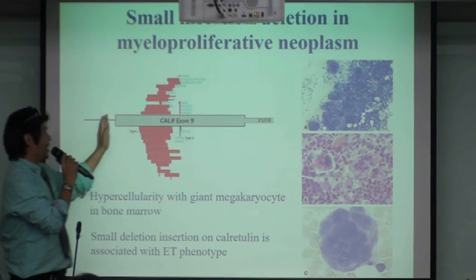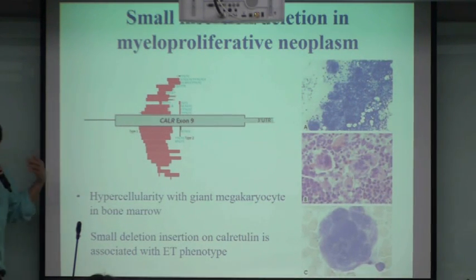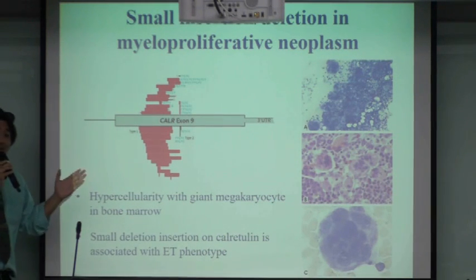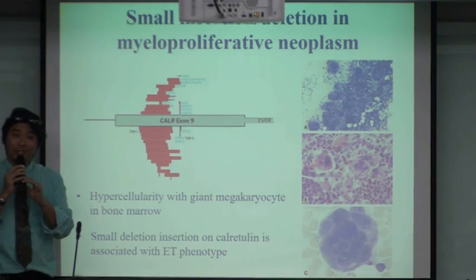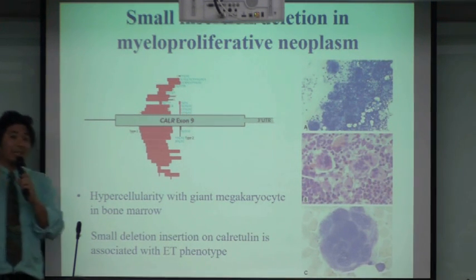If you look at the amplicon, the amplified product of this specific region, you can tell the size difference of the amplified product, right? So PCR and then what?